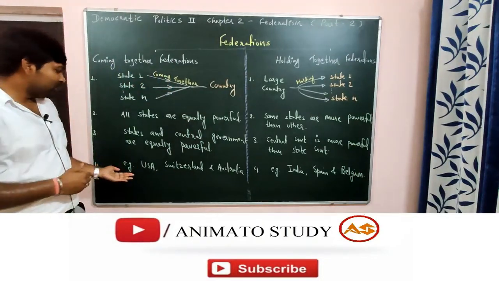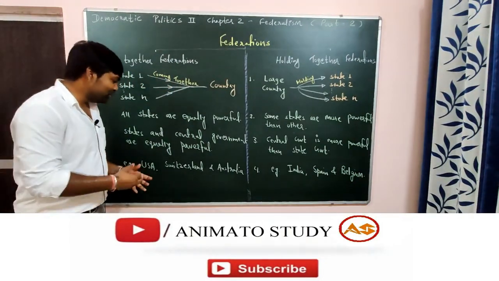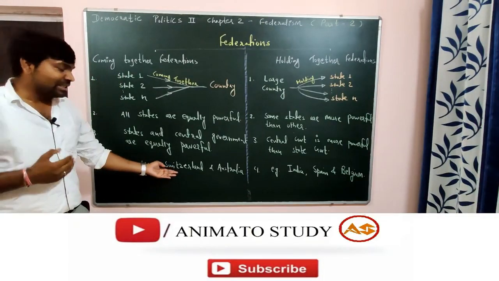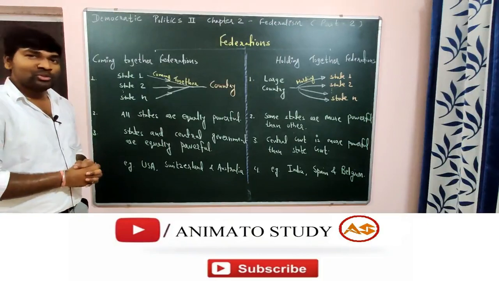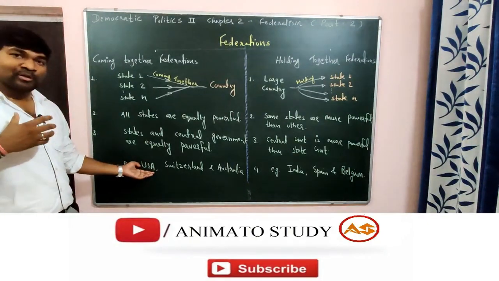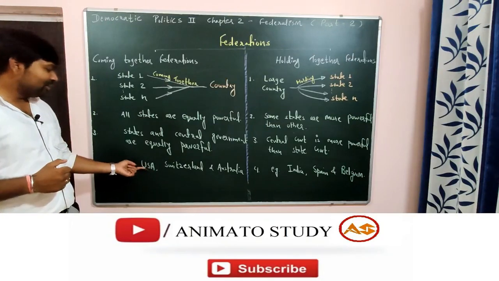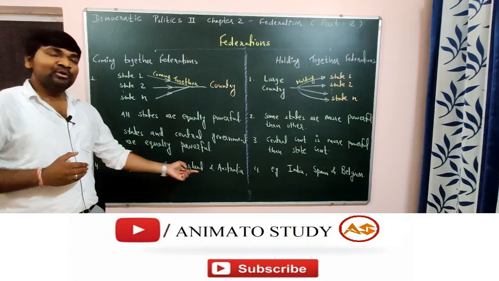Now the last very important point is examples. Already I have told you, America is there, Switzerland is there, and Australia is there. One trick I am sharing with you through which you can remember this group of countries: USA, where U is for United States of America, S for Switzerland, and A for Australia.